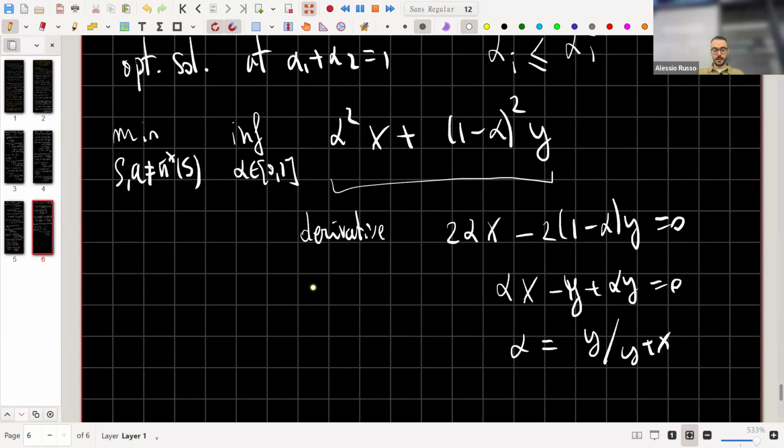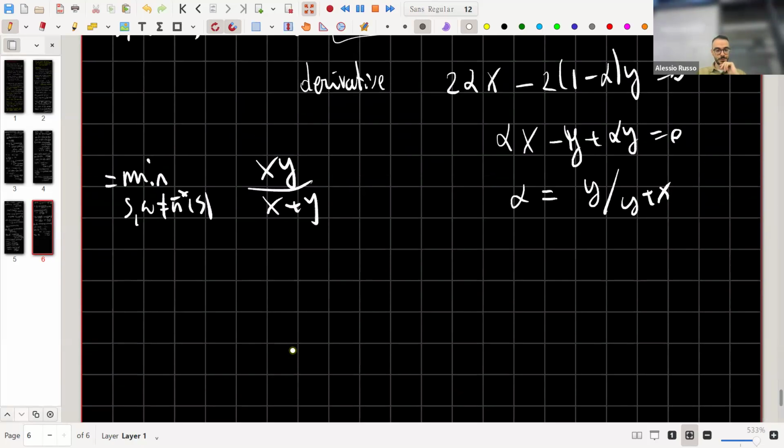And when we plug this back, this is also equal to the minimum over s, a different from pi star of s, of xy divided by x plus y, which is similar to the results that we obtained in the Gaussian bandit case when we introduced the approximate solution.